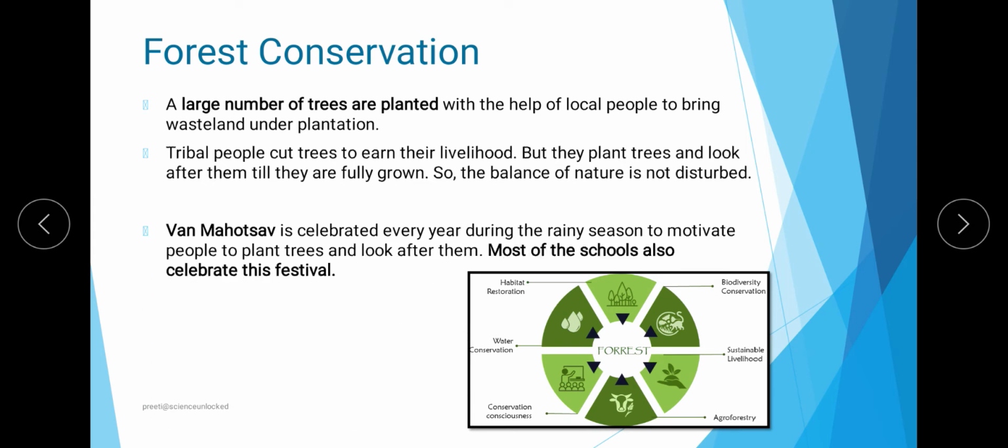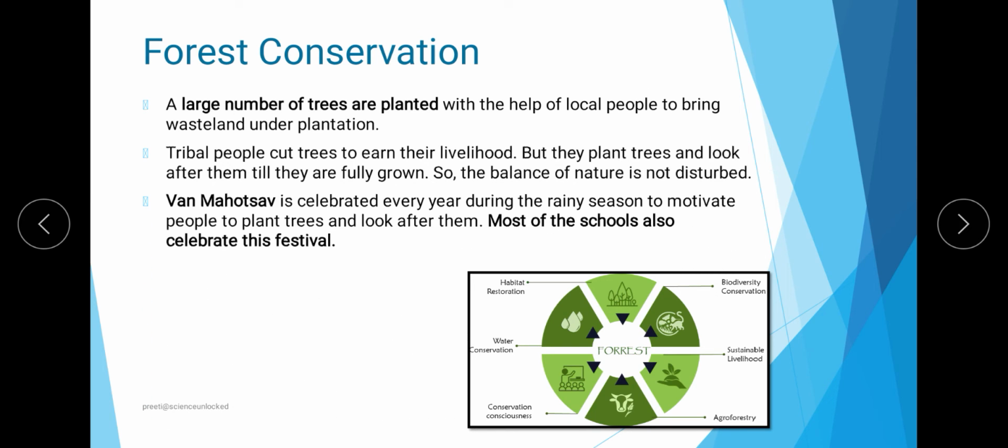It is important to create awareness among normal people, or those who are comparatively less educated and less concerned about nature. For this, we have started certain festivals that are celebrated throughout the year in specific seasons. For example, Van Mahotsav is one such festival.